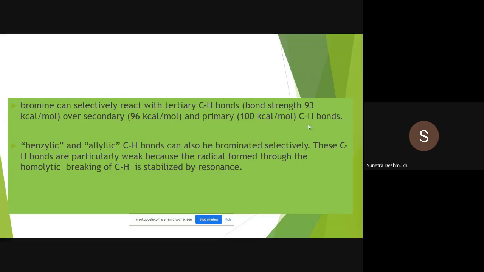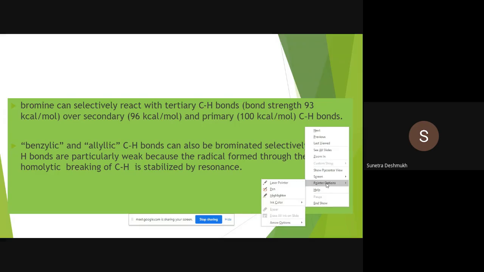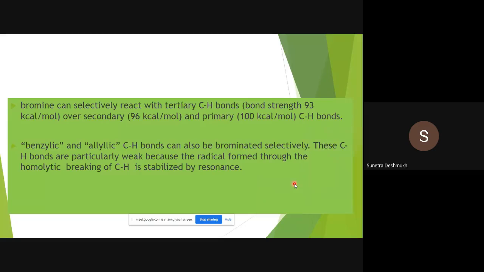If you pay attention here, look at the bond energy of the CH bond which we want to break for the bromination. For tertiary CH bond it's only 93 kilocalorie per mole.